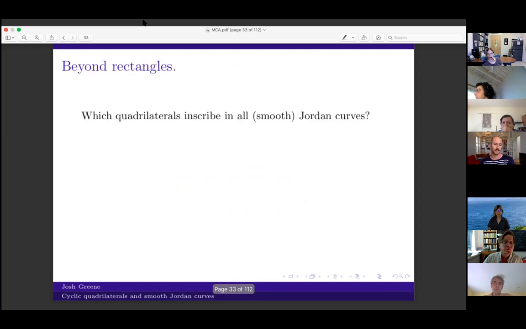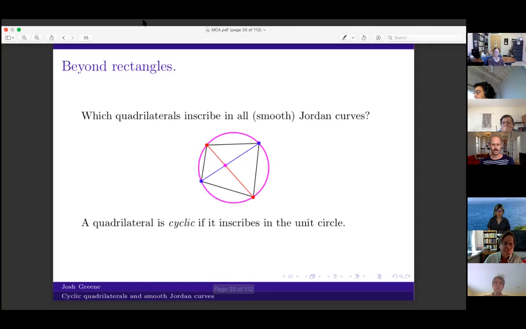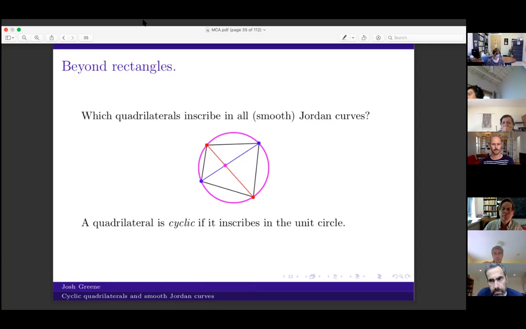So you could ask, in fact, bolstered by the case of rectangles, which quadrilaterals indeed inscribe in all smooth Jordan curves. So the first place to look, if you're trying to get an answer to this question, is the case of the circle. And there's a picture of a quadrilateral inscribed in a circle. And by definition, we call a quadrilateral cyclic if it inscribes in the unit circle.